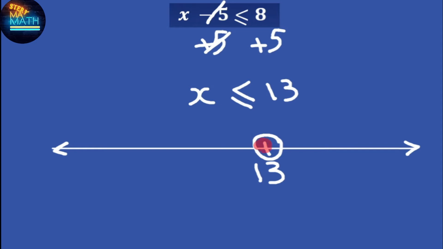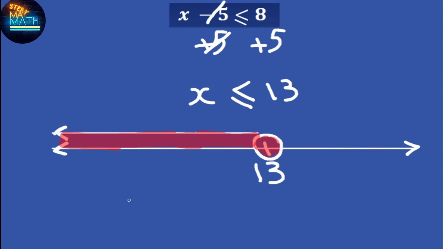So I will shade the circle because it's equal, and I will shade all the numbers less than 13. So I will draw a line towards negative infinity, and also shade all the numbers in this region.